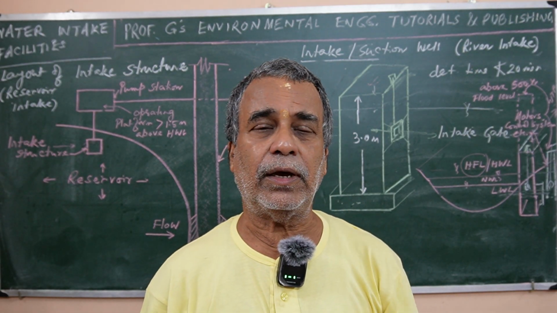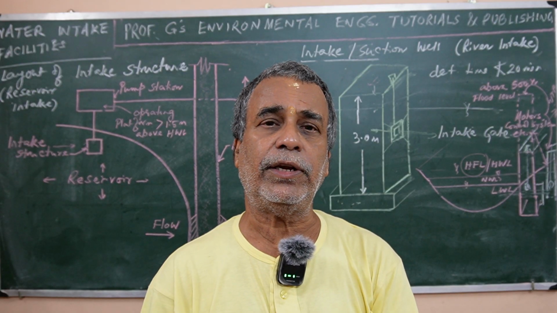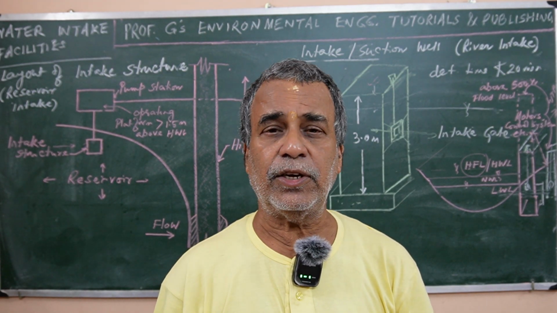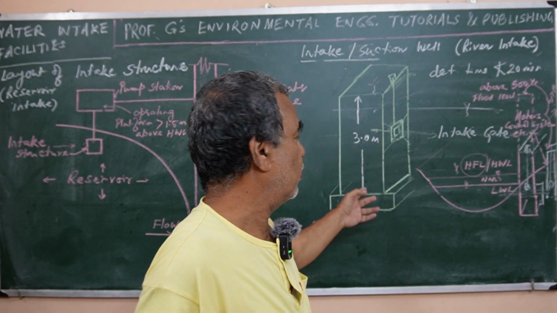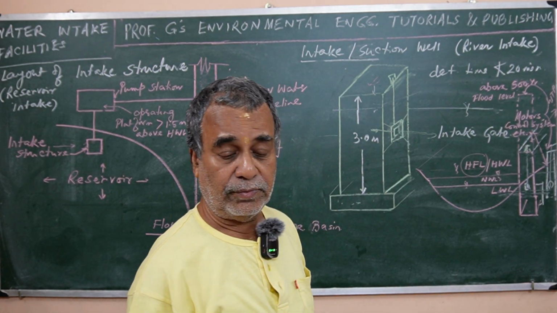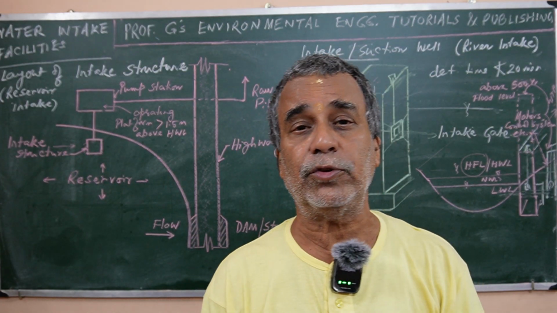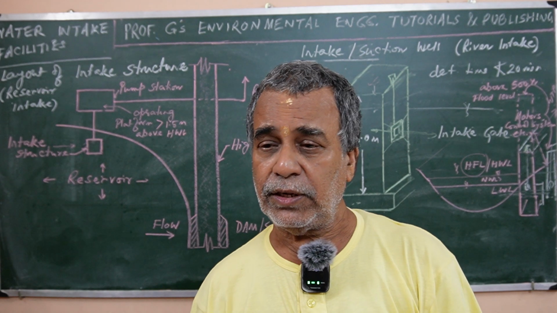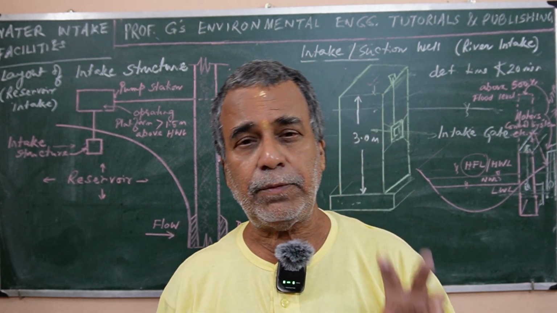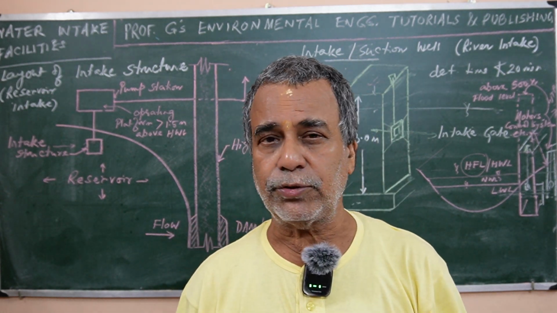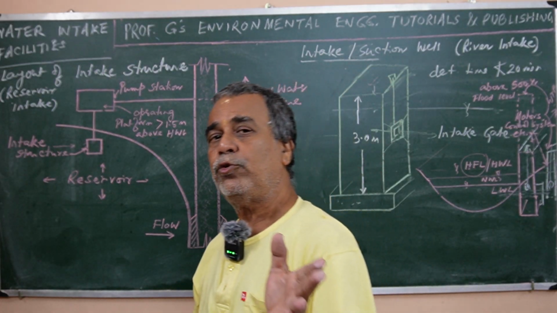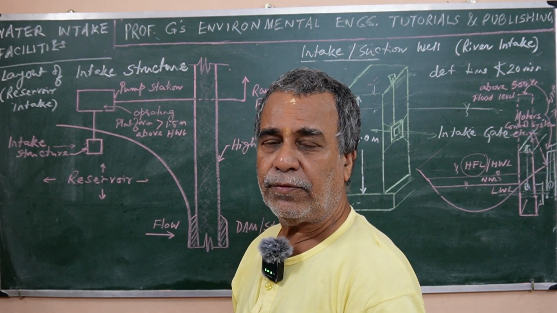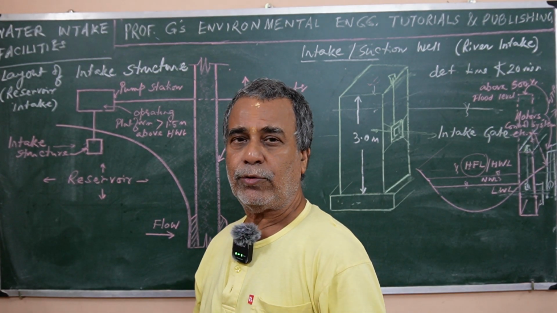That is why the intake port has to be designed so that fishes do not enter. You understand why? Because they will decompose and contaminate the water, and if they enter the pumping system, they may clog it. So for the intake design we have to keep out fish species and aquatic animals.